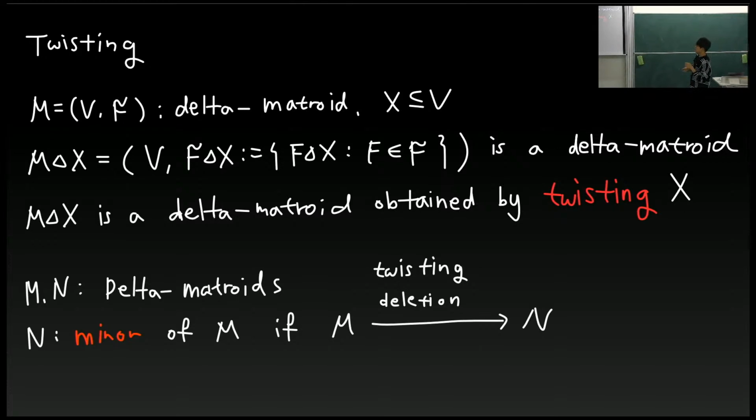Then we say that N is a minor of M if N can be obtained from M by the twisting operation and the deletion operation.